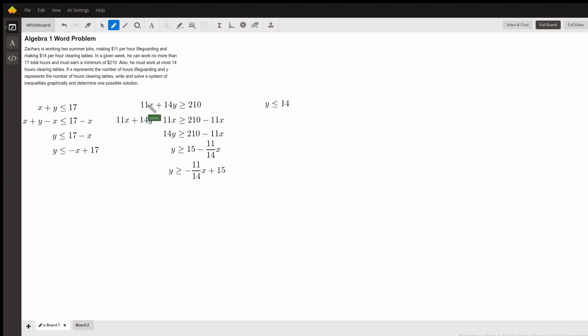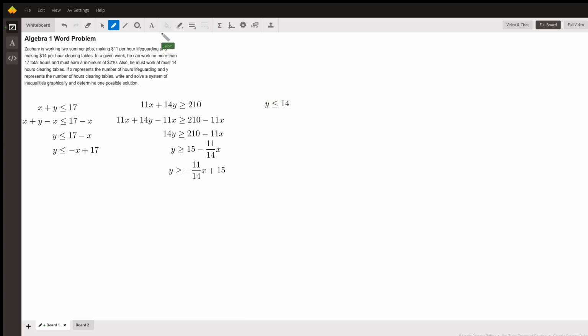If x is 5, then 11 times x is 55. Y is 12. 14 times 12 is 168. So 55 plus 168 is 223. Excuse me, doing that in my head. But it is greater than or equal to 210. And of course, y being 12 is less than or equal to 14. So that is one possible solution.